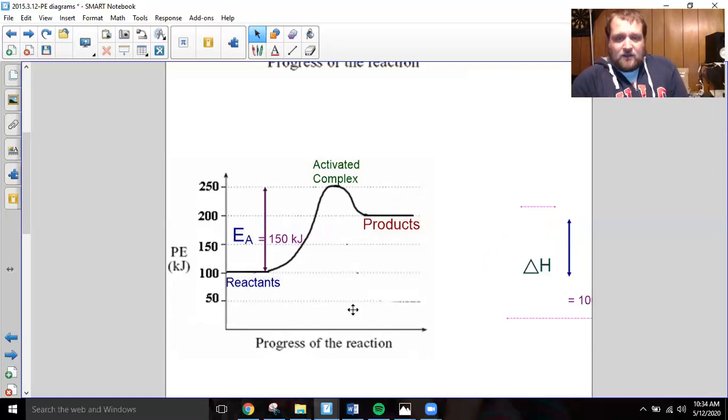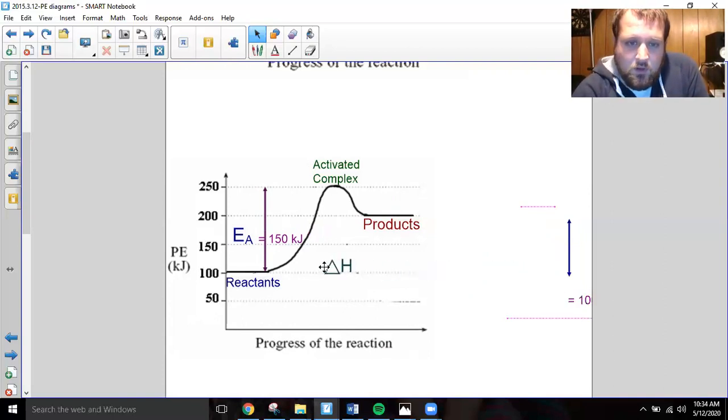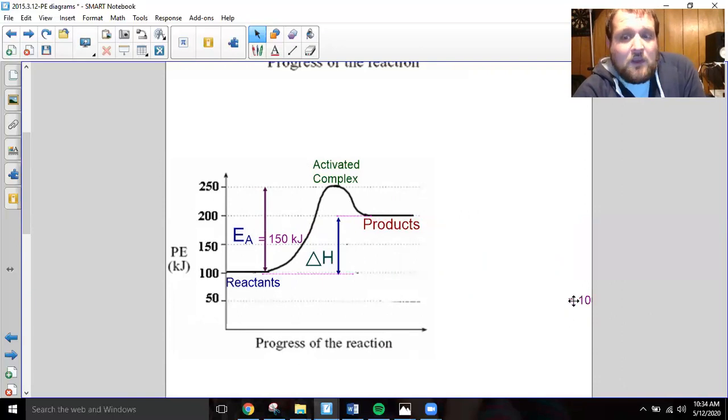Our heat of reaction is the difference between where we start down here at 100 and where we end at 200. So the difference between them is 100, and because it's gaining energy, that's a positive 100.